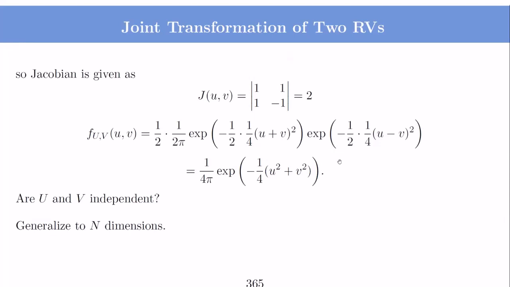Then in the PDF, instead of x and y, you put u plus v by 2 and u minus v by 2. And from this, I get 1 upon 4 pi exponential minus 1 by 4 of u square plus v square.